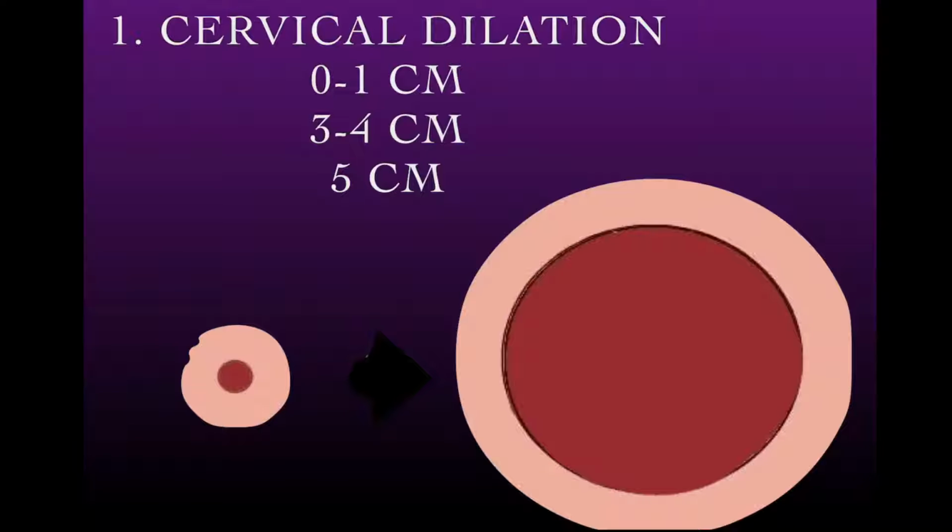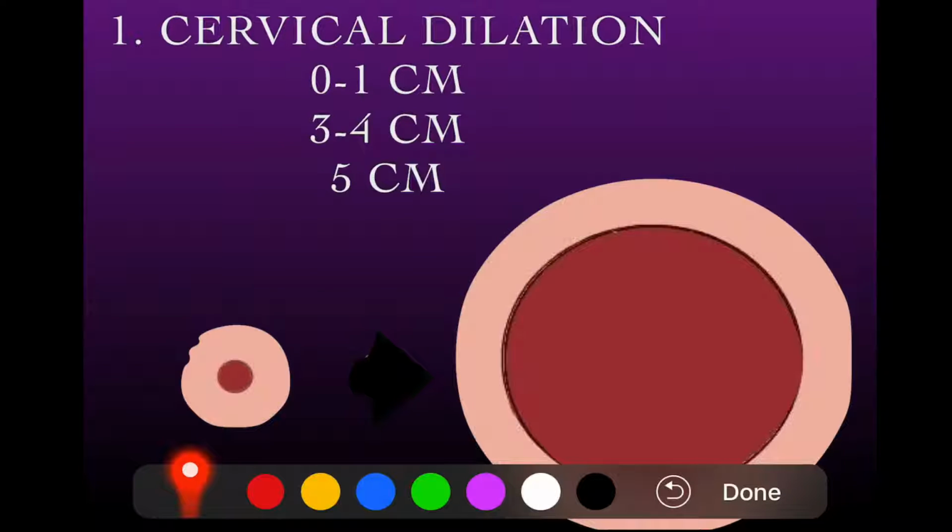Now we will discuss the components of Bishop score. First, cervical dilation. When examined by your finger, you will give a score. 0 to 1 cm: what does 0 to 1 cm mean? This is a failure in your exam.